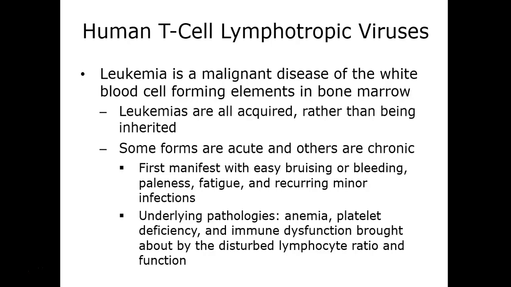Some are acute, some are chronic, and they first manifest basically as bruising or bleeding, paleness and fatigue. And there's a series of underlying pathologies such as anemia, which is a lack of iron in the blood, platelet deficiency, and other immune dysfunctions that are brought about by this disrupted lymphocyte ratio.